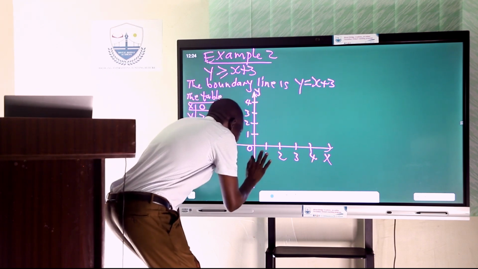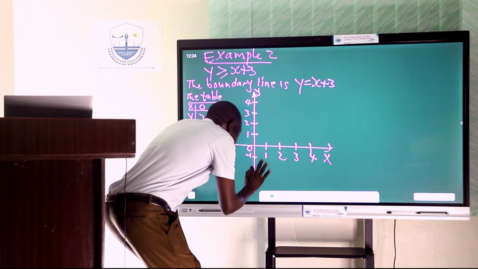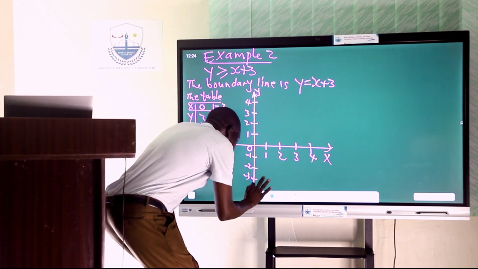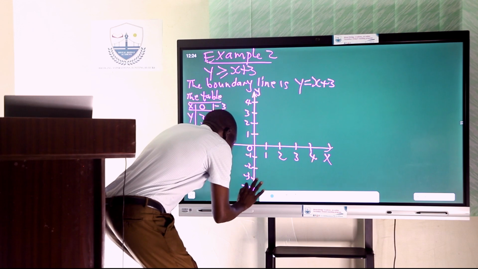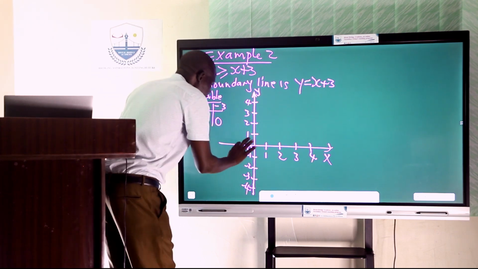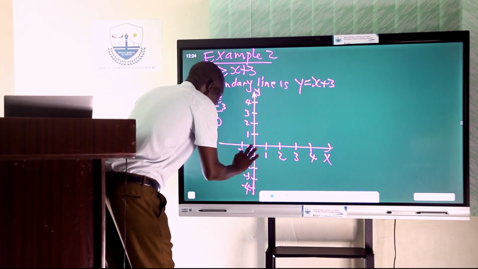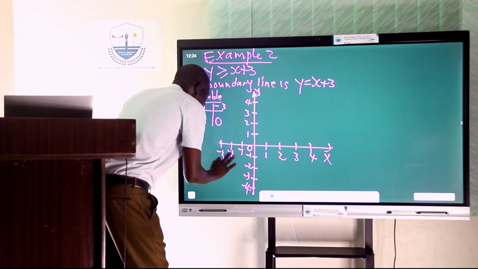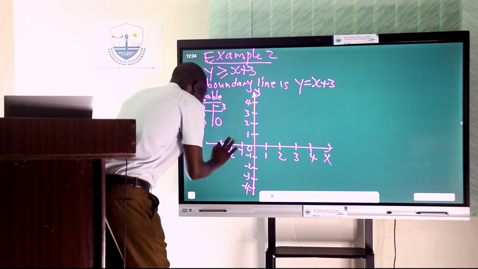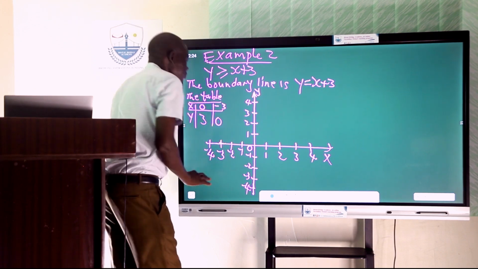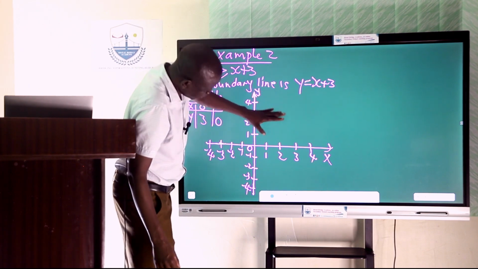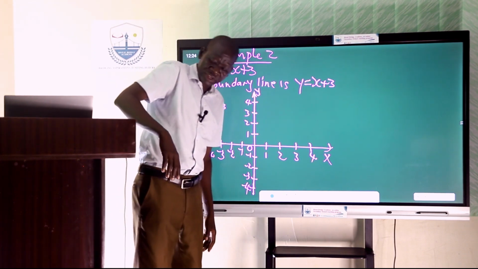Down here we have negative 1, negative 2, negative 3, negative 4. On the left, we have negative 1, negative 2, negative 3, negative 4. So this is how we indicate the values of the graph.